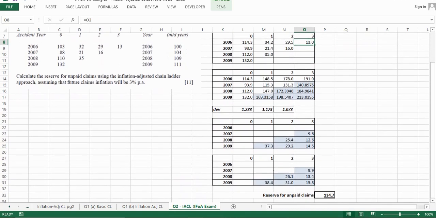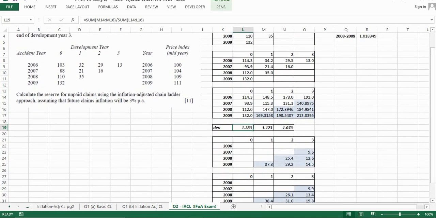And then from now, you use the basic chain ladder. How do we do that? First of all, for the upper triangle, we need to cumulate the payments and then calculate the development factors and use them to fill the lower triangle.